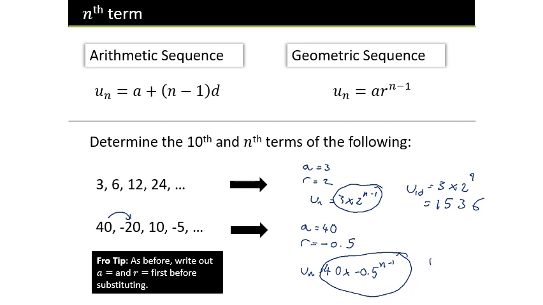Then my 10th term is 40 times -0.5 to the power of 9. Inputting that into my calculator gives an answer of -0.078125. And so that is the 10th term of that sequence.